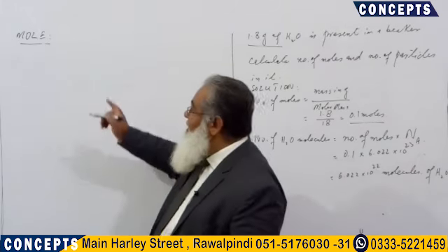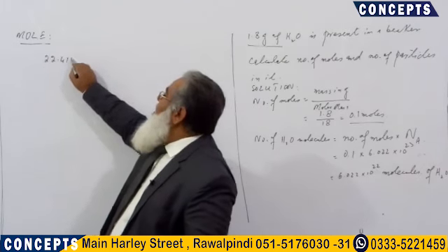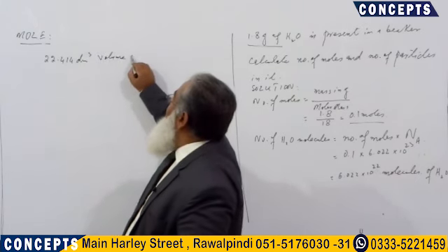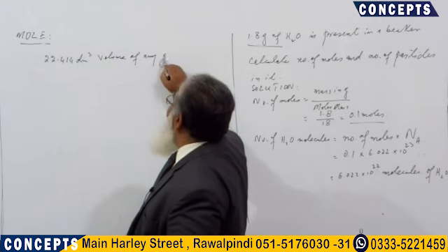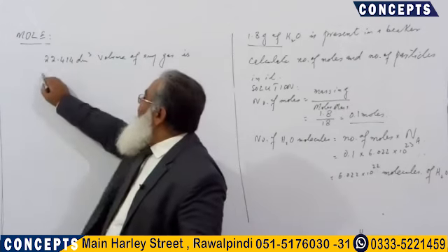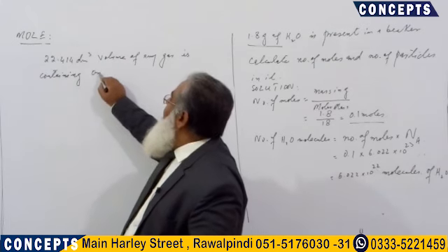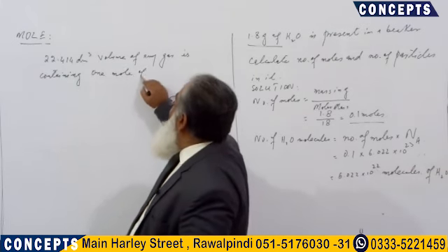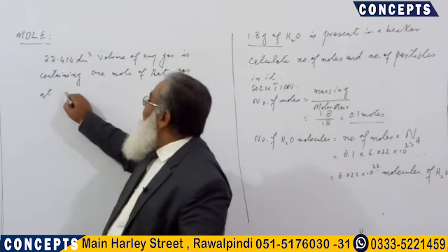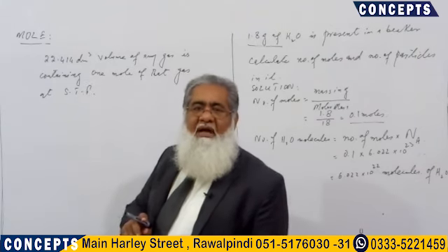Hence, that will be applied here in order to define a mole. 22.414 cubic decimeter volume of any gas is containing 1 mole of that gas at STP. STP stands for standard temperature and pressure.